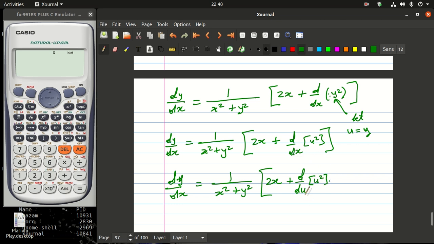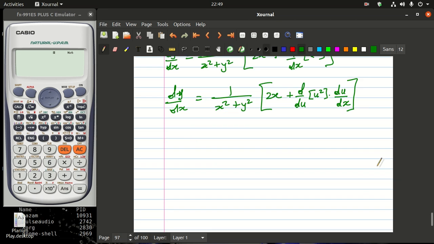But this u was not part of this, so I needed to take the derivative of this new u with respect to x to account for what I did here. That is why we now end up with something nice: dy/dx is equal to 1 over x squared plus y squared.